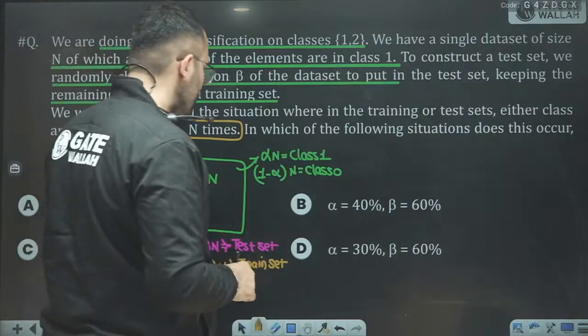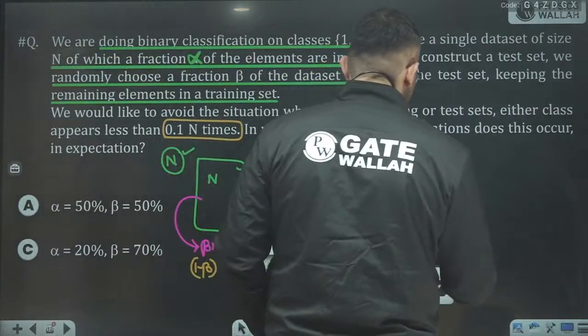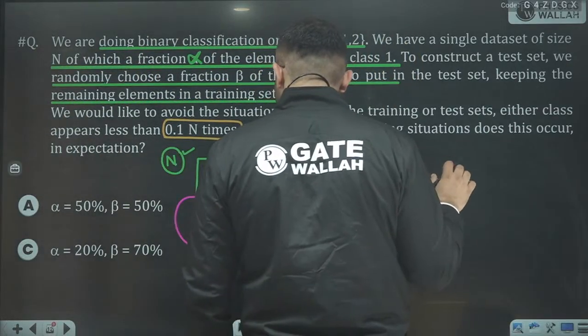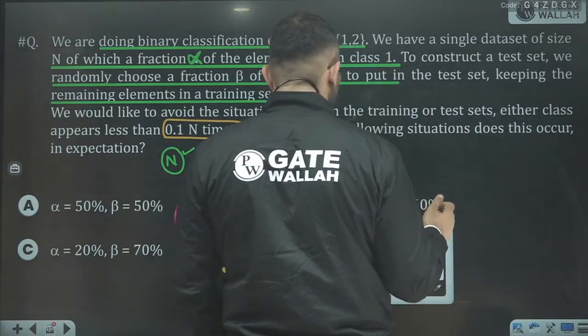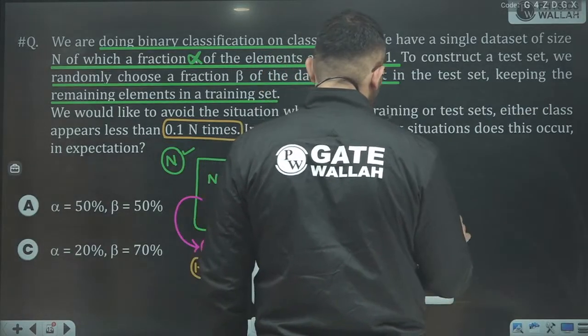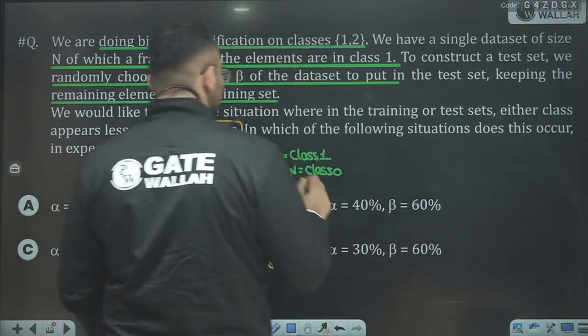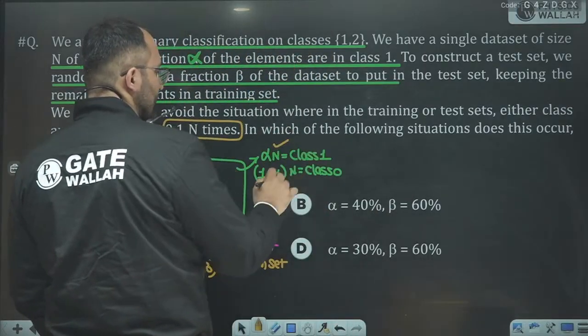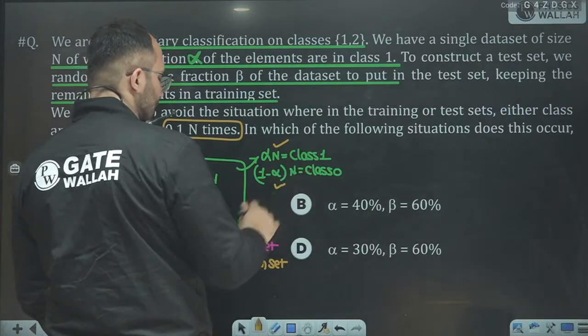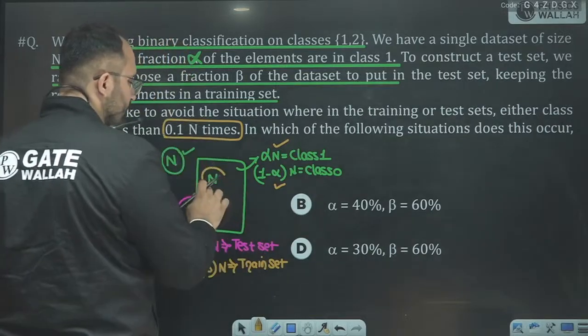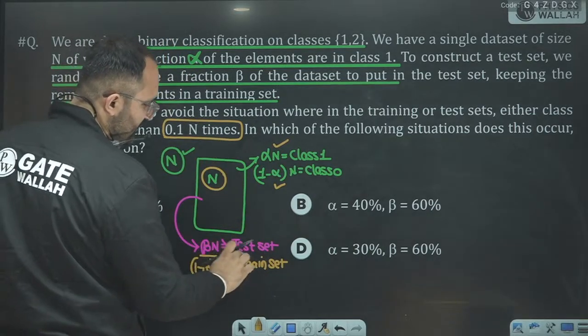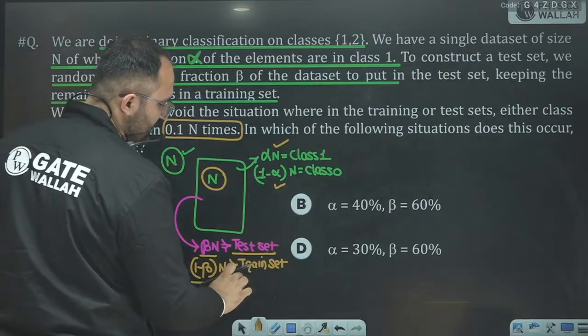So, we want that in the training and the test set, and randomly they are chosen, right? So, alpha into n is the number of class 1 points and 1 minus alpha into n is the number of class 0 points. Out of these points, beta into n is taken as test set and 1 minus beta into n taken as a training set.